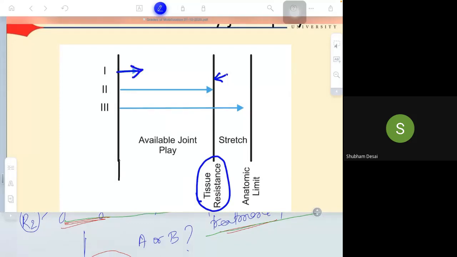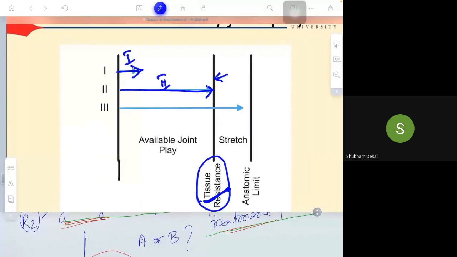That is small distraction. What is second? Enough distraction. That is, you will stretch till you feel the resistance, or you will separate the joint. You will just distract the joint and hold the distraction for a few seconds. This is grade 2 distraction.